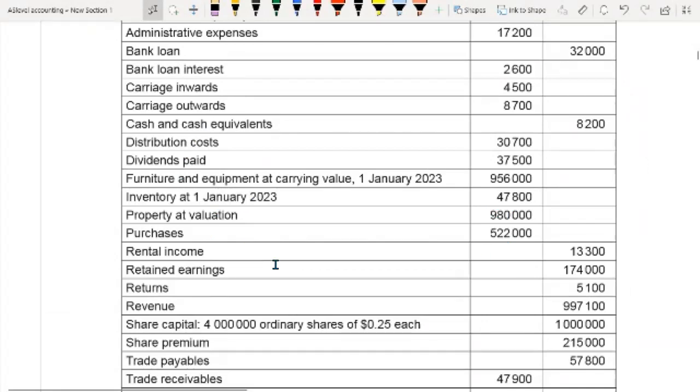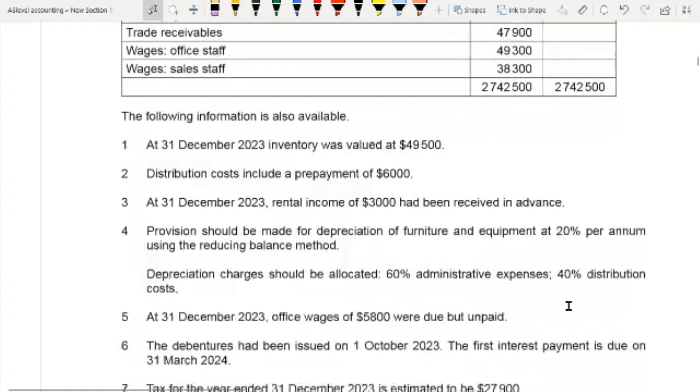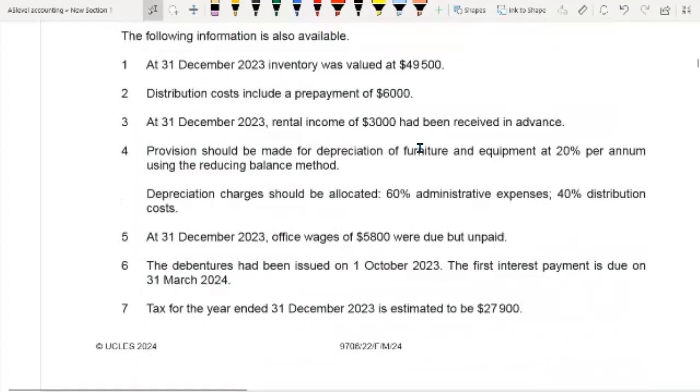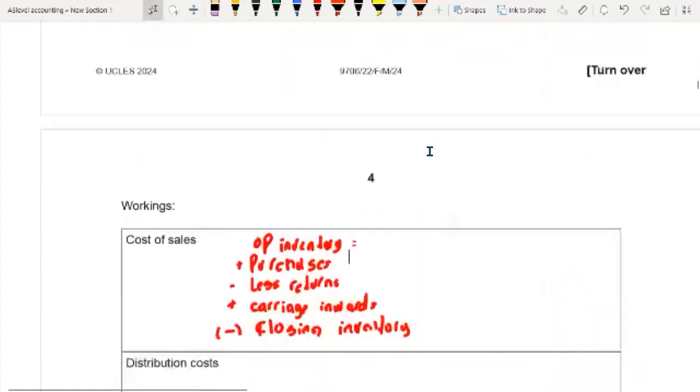We have returns, which are 5,100, and the closing inventory, which is valued at 49,500. There is no additional information or adjustment for the cost of sales, because I have read this question, so that's why I know.